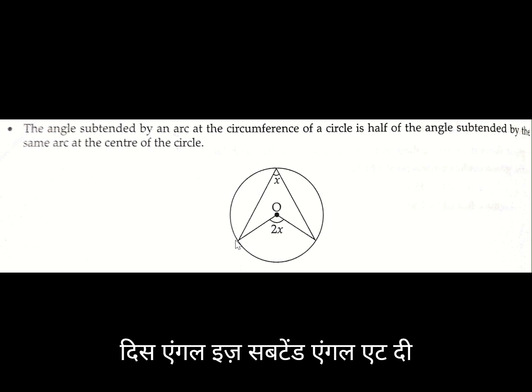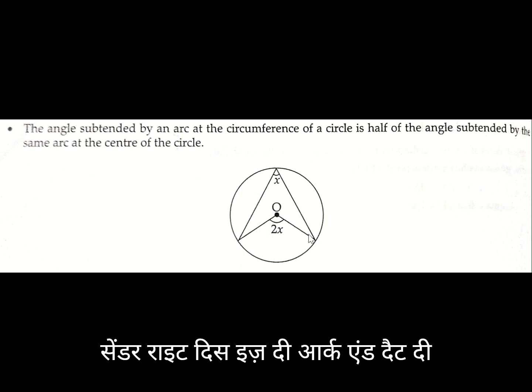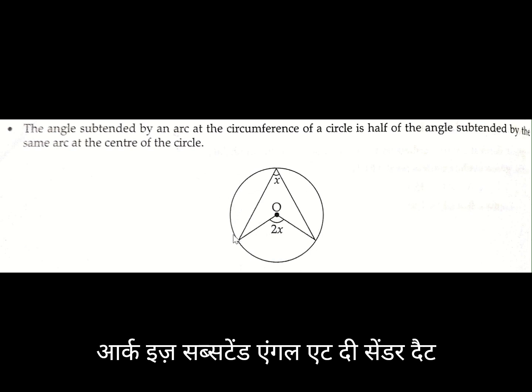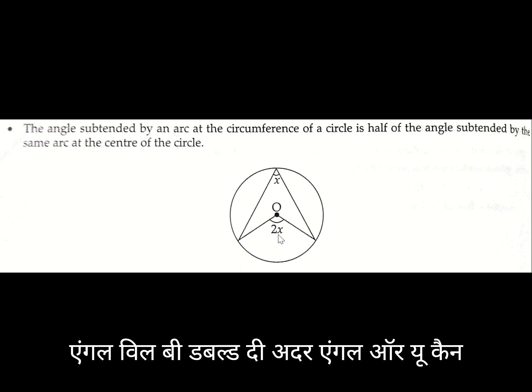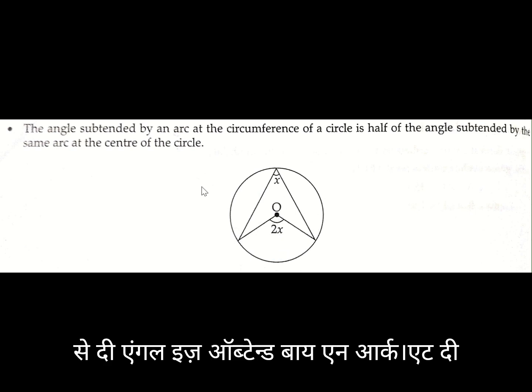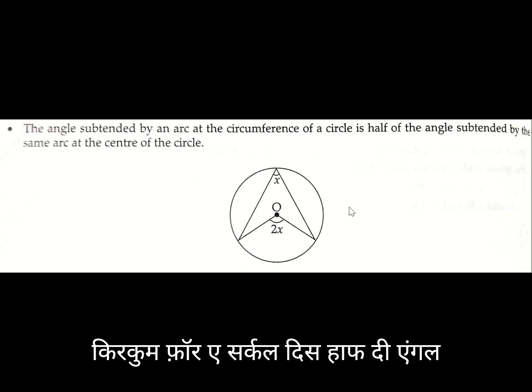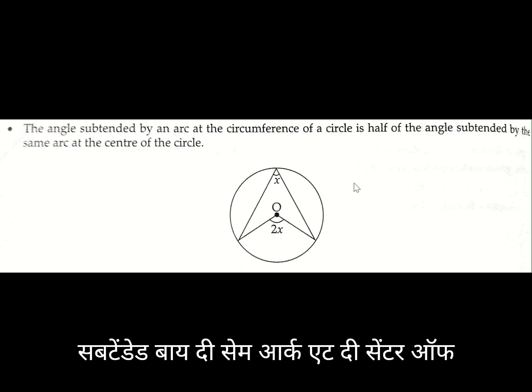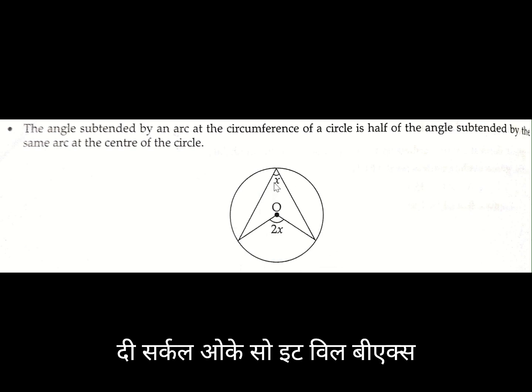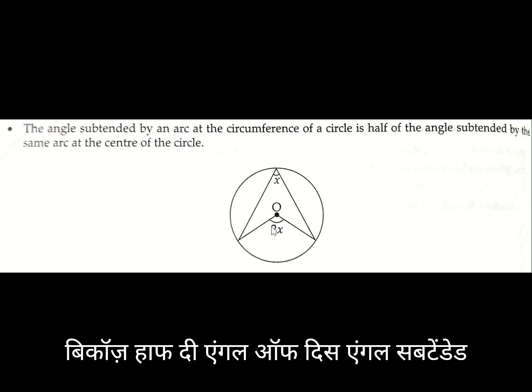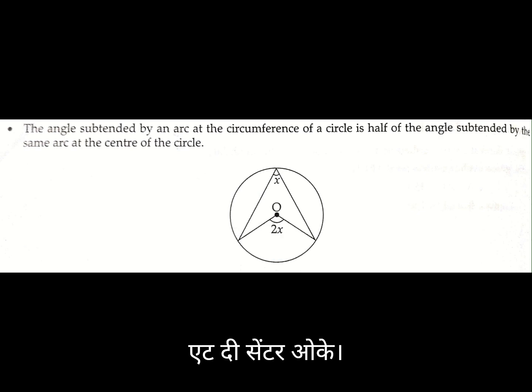This angle is the angle subtended at the center, and that angle will be double the other angle. Or you can say the angle subtended by an arc at the circumference of a circle is half the angle subtended by the same arc at the center. So it will be x, because it's half the angle subtended at the center.